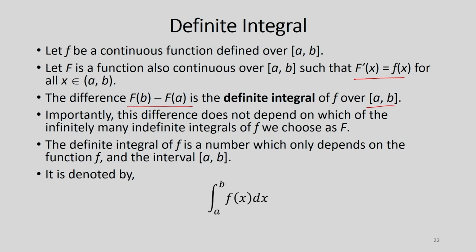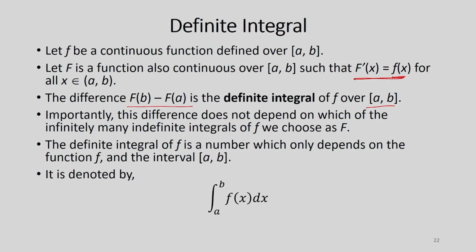Importantly, this difference does not depend on which of the infinitely many indefinite integrals of small f we choose as capital F. The point that is being made is this: since we know capital F prime x is equal to small f x, one can take the indefinite integral of small f x, and that will give me capital F x plus capital C, where C is the constant of integration.